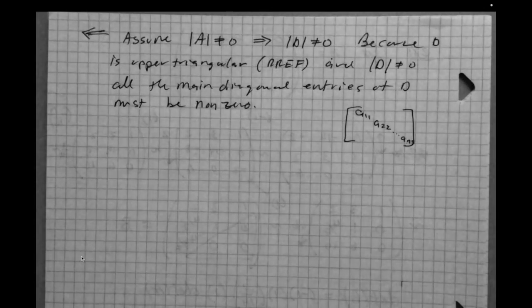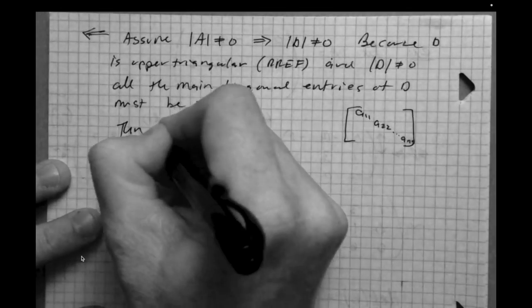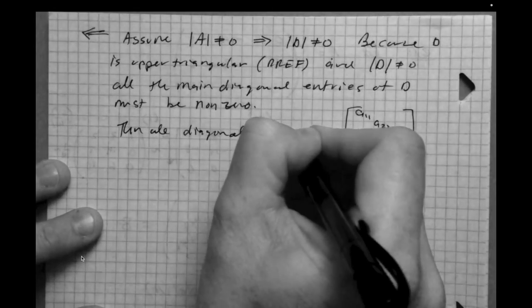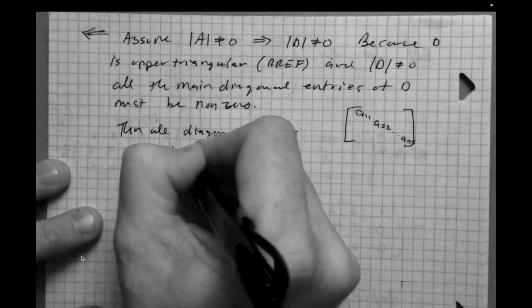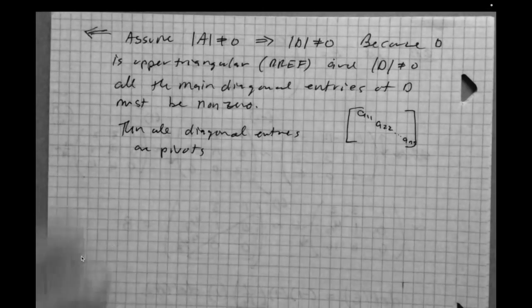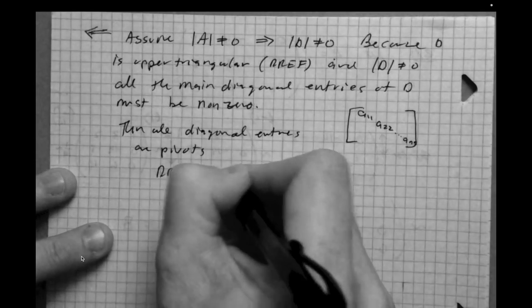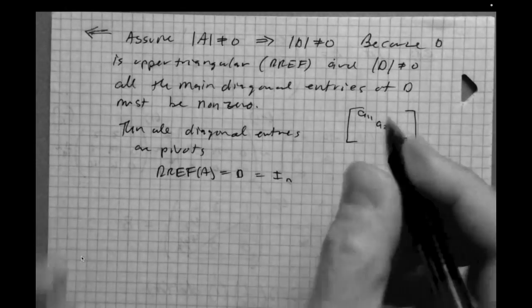So if all the main diagonal entries are non-zero, and the matrix is in reduced row echelon form, as we've assumed, then they are all pivots. Then all the diagonal entries are pivots, right? And what does that mean? Well, that means that the reduced row echelon form of A, which we call D, is the identity matrix.